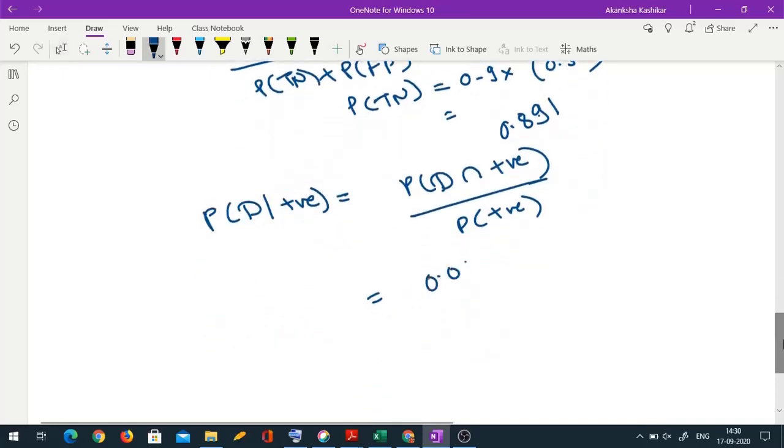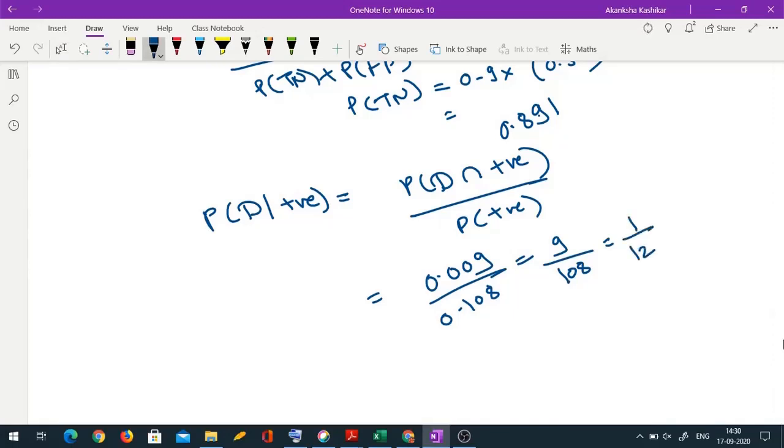So 0.009 upon 0.108. It means 9 upon 108, so it is 1 by 12. Roughly 8.33%. So probability of you having the disease even though you are positive is just 8.33%.